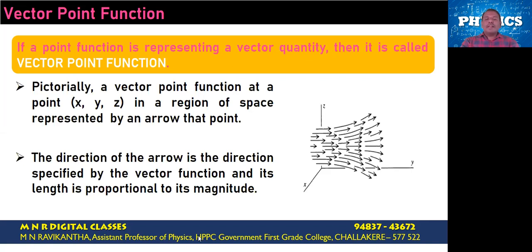The collection of all such vector point arrows gives us a vector field. We are going to learn this in the next session.